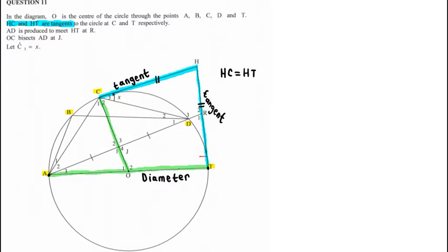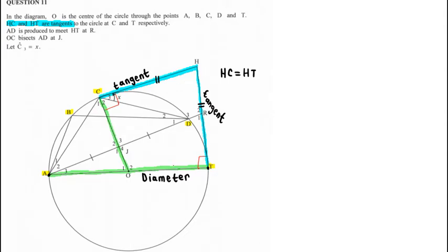But you nonetheless know that the angle over there is 90 degrees, because a tangent and a radius always meet each other at 90 degrees. You also now know that angle C2 and angle C3 is also 90 degrees.